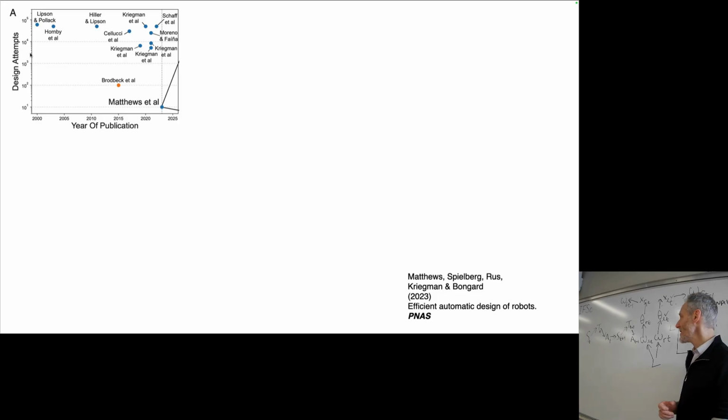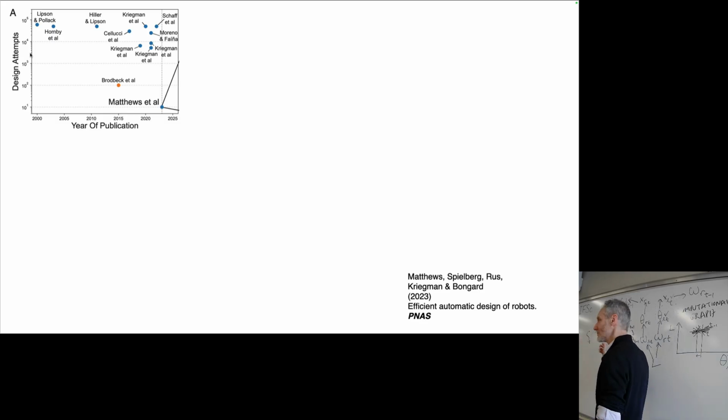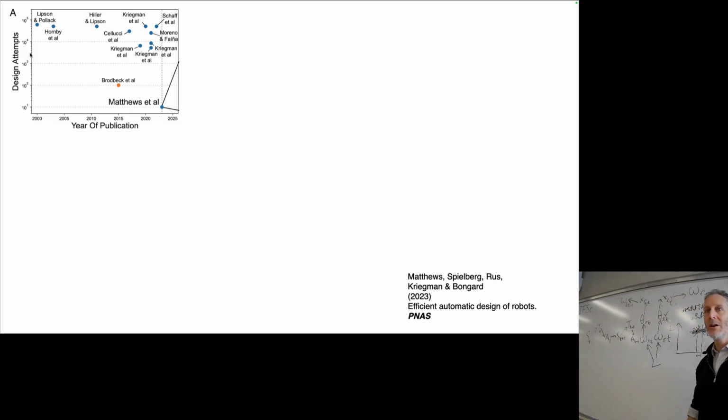What is a design attempt? One forward pass. Basically, you can think of a design attempt as a simulation. For most of the literature, for the last 25 years or so, as you've seen in this class, the number of design attempts is somewhere between 10,000 and 100,000.